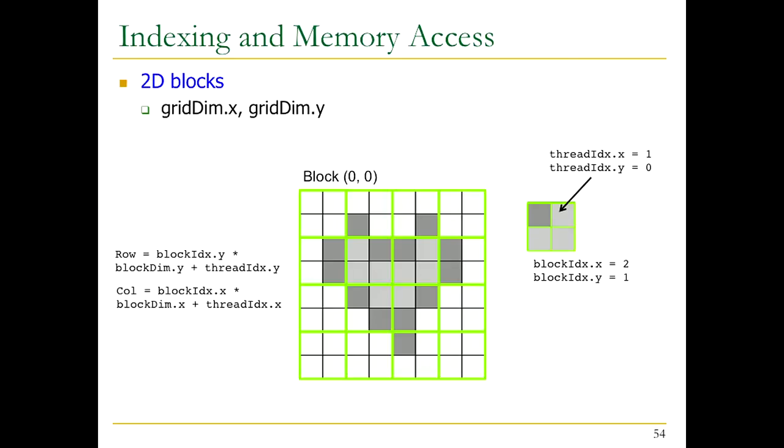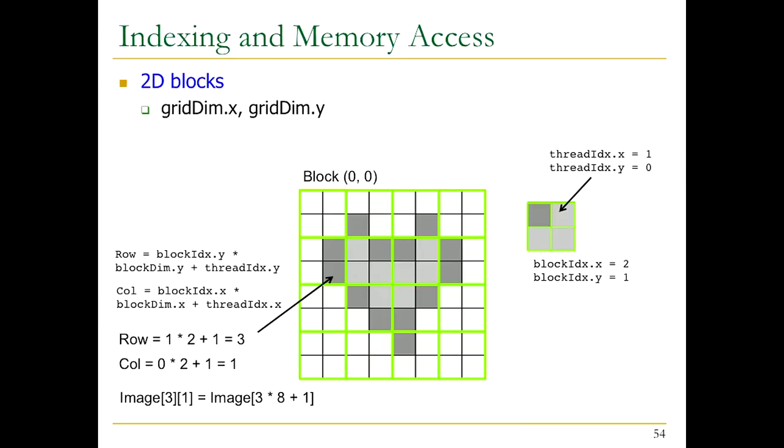So for example, this pixel here is in block 0, 1 in the y dimension, and within the thread block, it is going to be accessed by one thread that has thread index y equal to 1. So that's the way to calculate the row. The way to calculate the column is similar, but using the x indices.